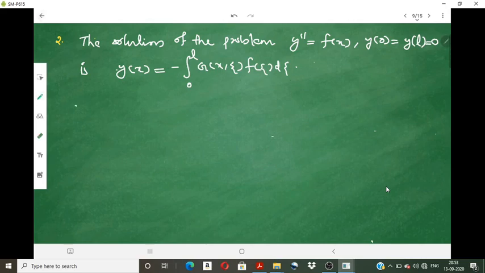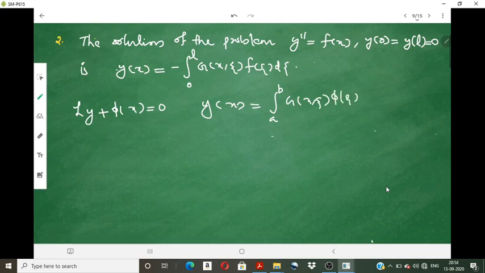This is because we have already proved that if the equation is Ly plus phi of x equal to 0, then the corresponding integral equation or the solution will be of the form integral from a to b of g of x theta phi theta d theta.